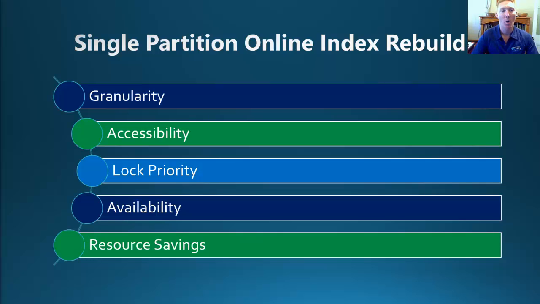So with the inclusion of the Single Partition Online Index Rebuild, it gives us a little bit more granularity because we are now able to choose the specific partition and rebuild it online. The accessibility improves our accessibility to the overall environment because while it's just that subset of the table which is being rebuilt, it is a smaller amount of data that is not accessible during that smaller amount of time.